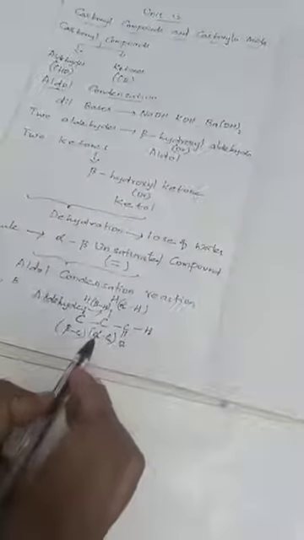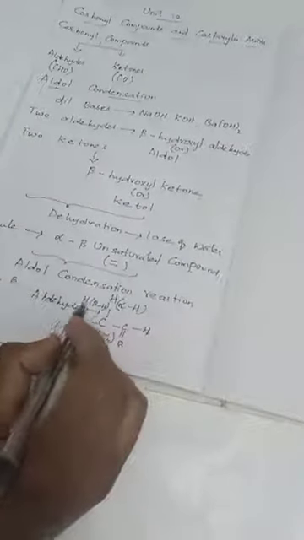Next, you should know what is meant by alpha carbon and beta carbon. I'm giving one simple example. In an aldehyde, the carbon attached to the CHO functional group is called the alpha carbon. The hydrogen attached to it is called an alpha hydrogen. The second carbon is called the beta carbon, and the hydrogen attached to it is called a beta hydrogen.